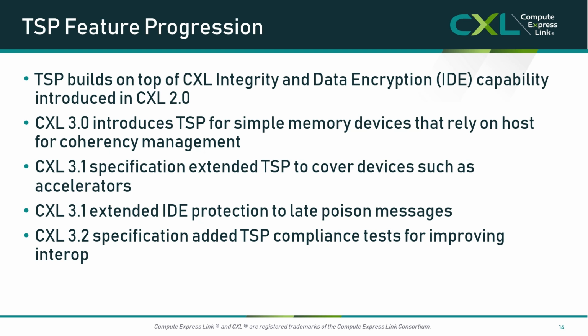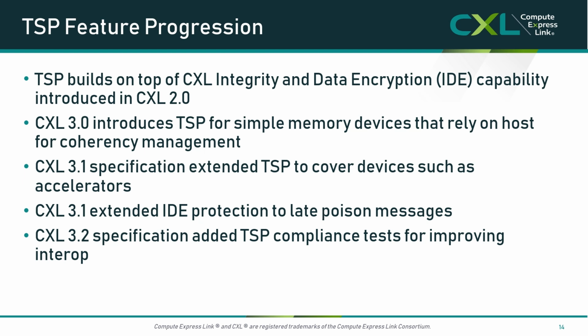And again, let's talk about how it progressed. We built on top of IDE in 2.0, as I mentioned. 3.0 took the first step of adding TSP for simple memory devices. These devices rely on hosts for coherency management, but they don't have their own coherency management. We had lots of these devices built in 2.0, and a number of vendors have these devices, so it made sense to start with that as the first target. That's what we did in 3.0, and that was a big step forward.